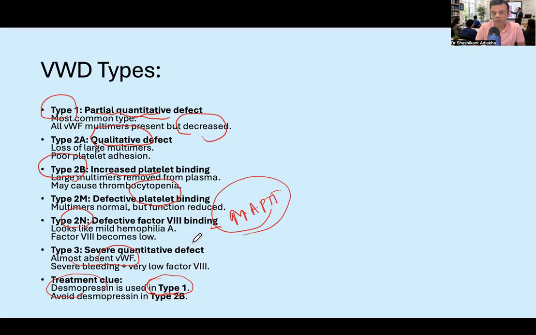The most common type is type 1, where there is a partial deficiency of von Willebrand factor, whereas type 3 is the counterpart, a severe deficiency. So now let's end von Willebrand disease. That is a very high yield topic, definitely bound to get one question in USMLE, NEET PG, INICET.